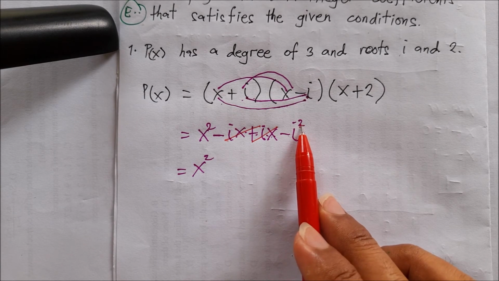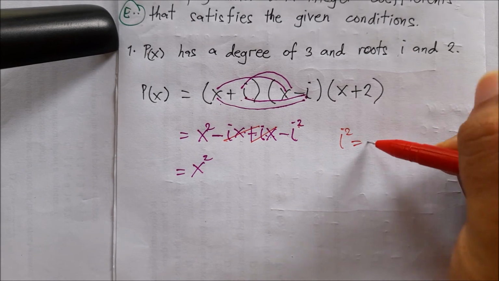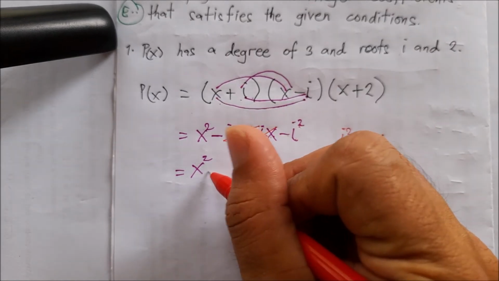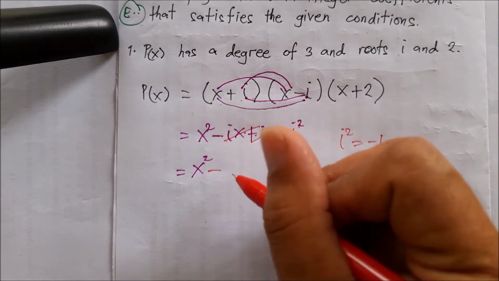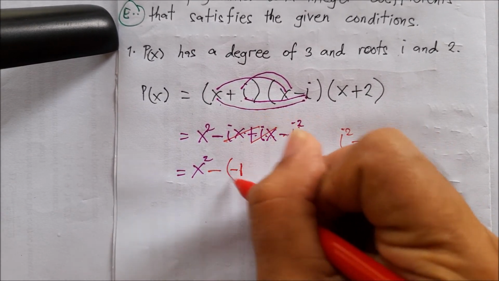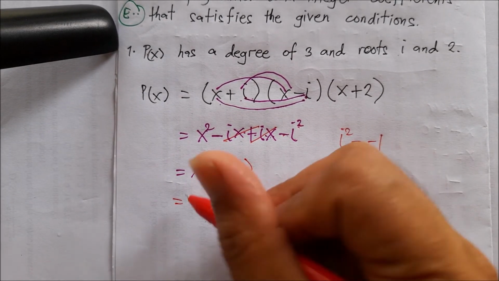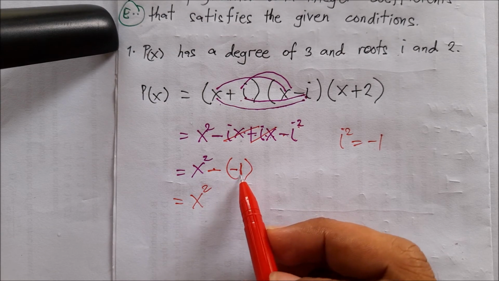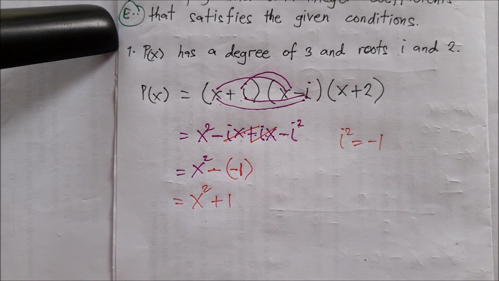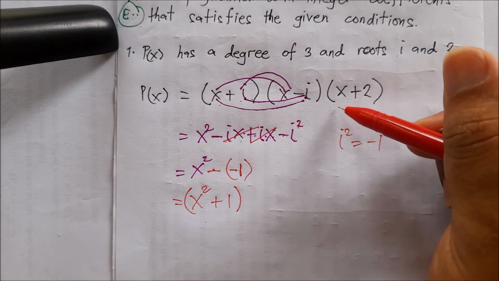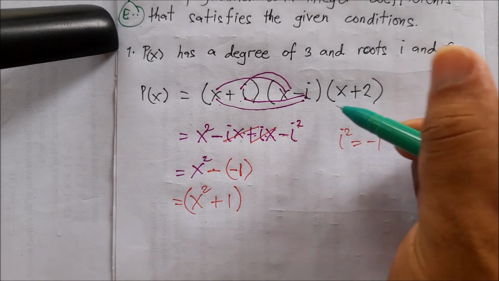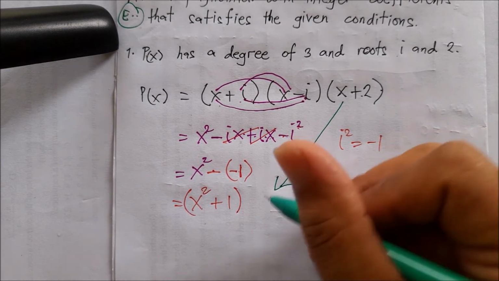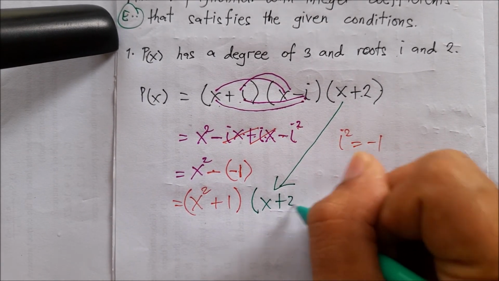Since i squared is negative 1, then we have minus, then negative 1, then multiply: x raised to 2, negative times negative 1, plus 1. Then bring down the last factor, which is x plus 2.